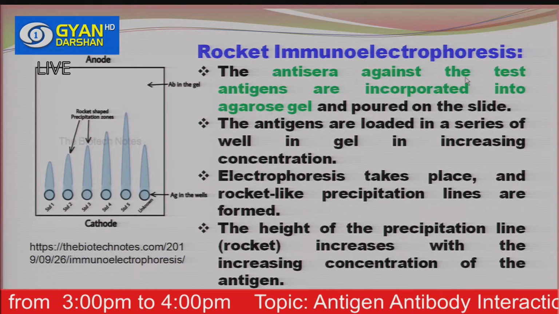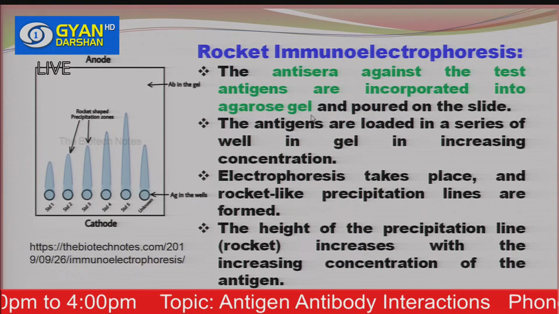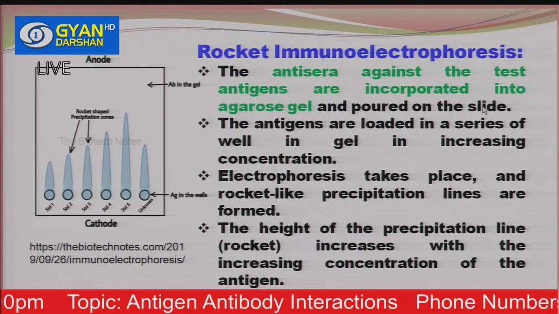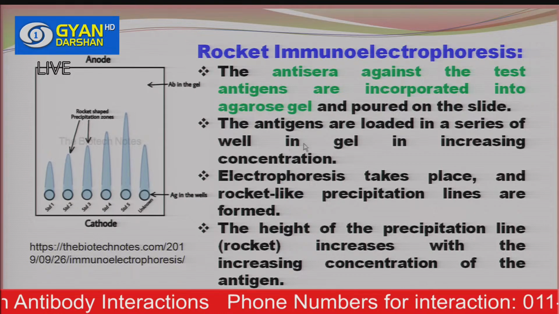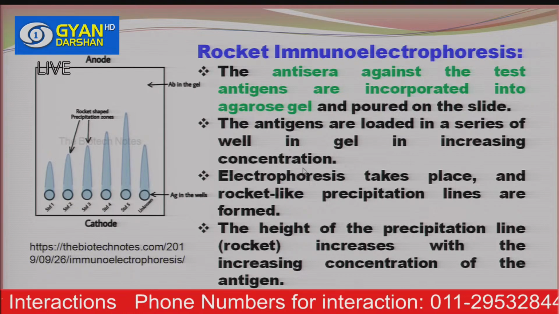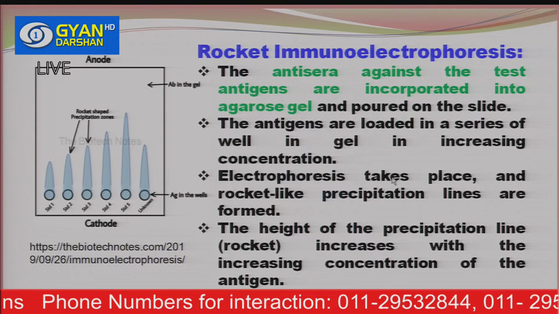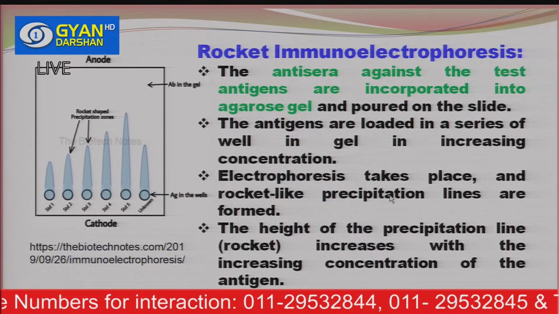The antisera against the test antigen are incorporated into an agarose gel and poured onto the slide. The antigens are loaded in a series of wells in the gel, with increasing concentration. Electrophoresis takes place, and rocket-like precipitation lines are formed.